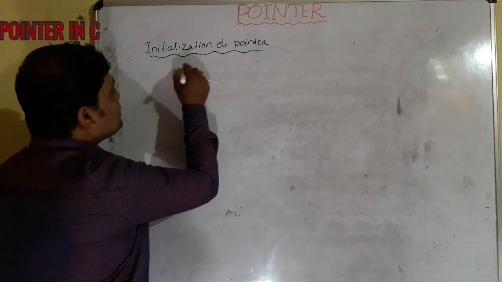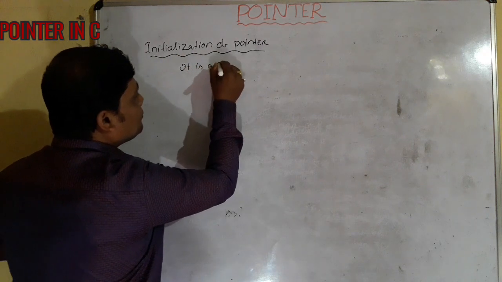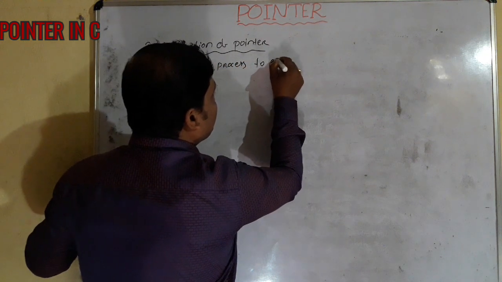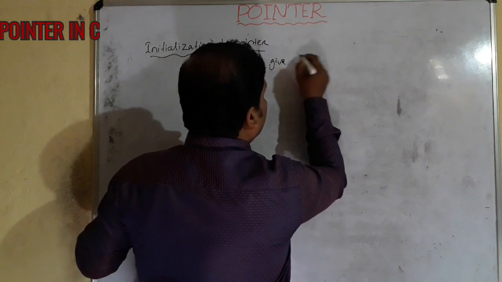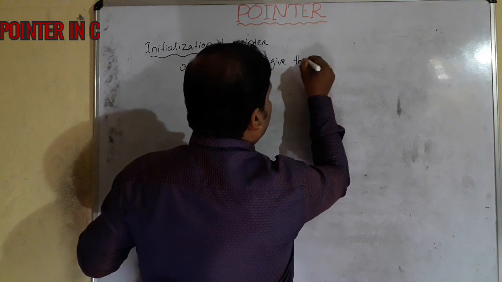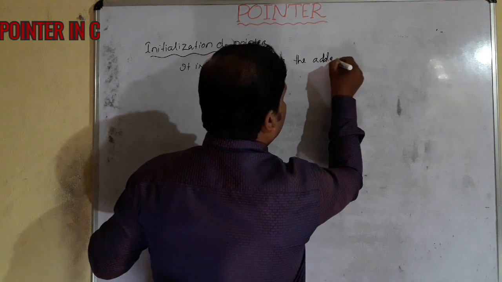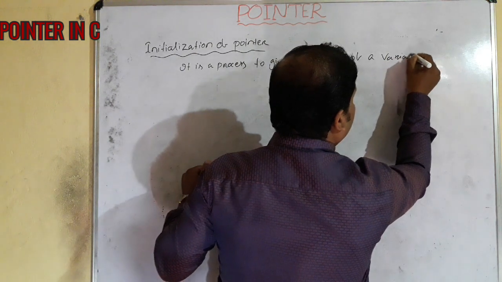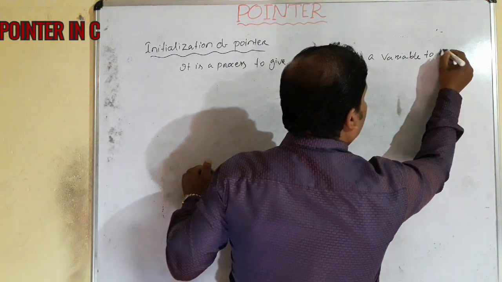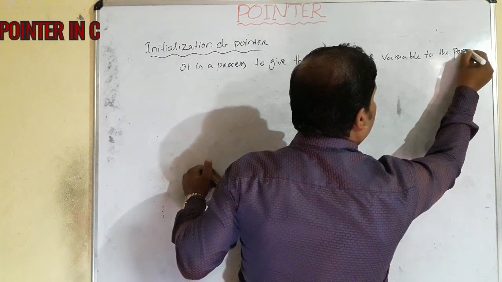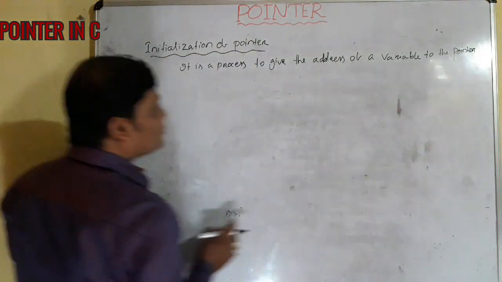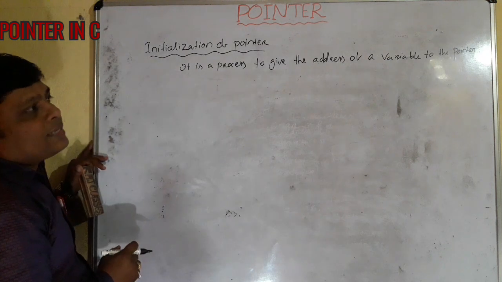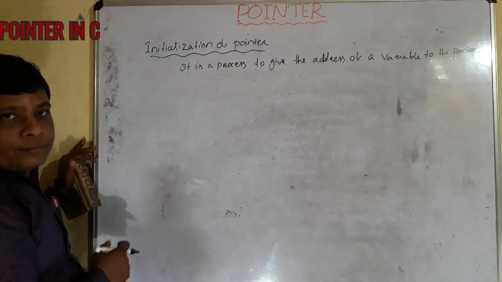It is a process to give the address of a variable to the pointer. It is the process to give or store the address of a variable to a pointer.